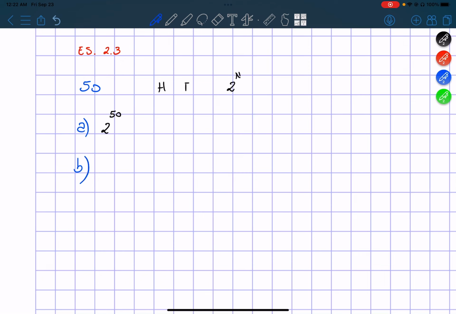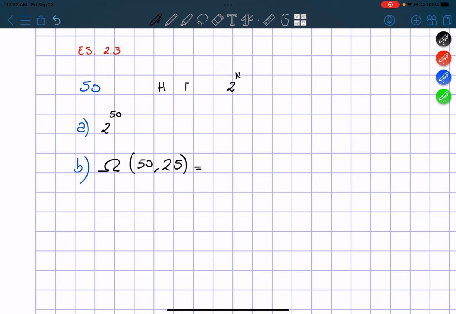Part B then says, how many ways are there to get exactly 25 heads and 25 tails? Well, in order to do this, we just need to find our formula for the number of microstates, omega of 25 and 25, which is equal to omega of 50 and 25.